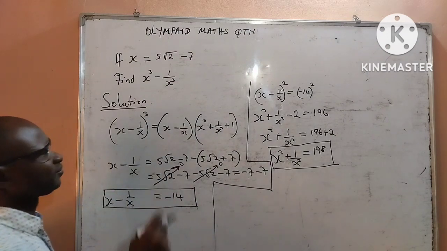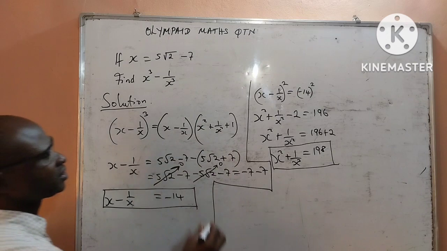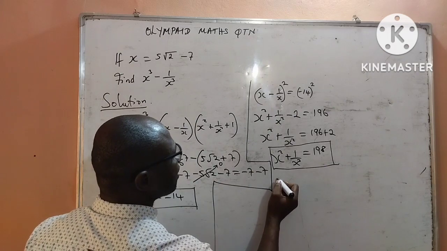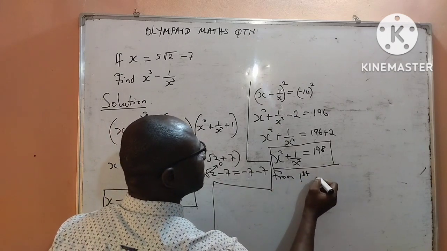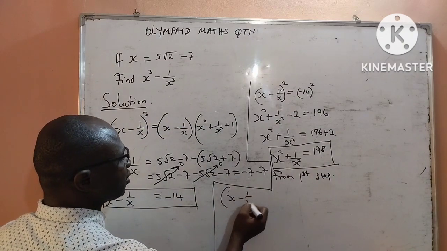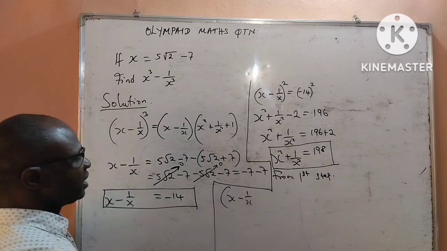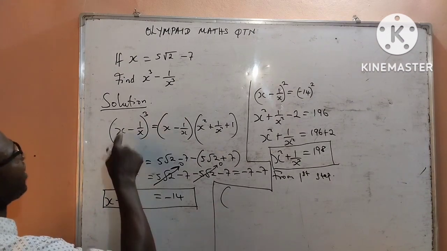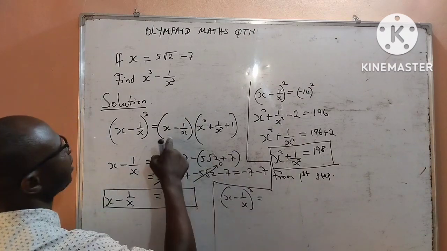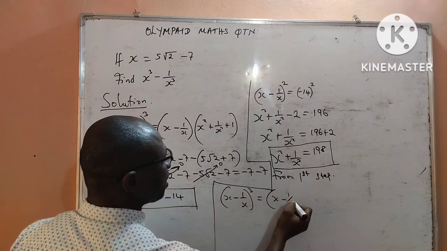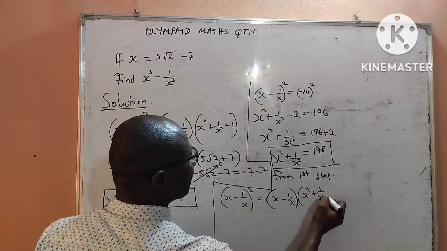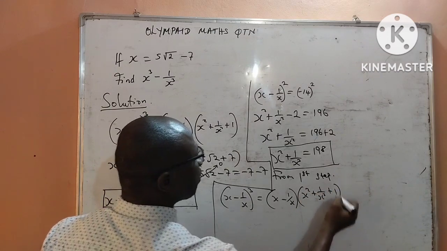From the first step, let me write it down again, we got that x minus 1 all over x cubed is equal to x minus 1 all over x, into x squared plus 1 all over x squared, then plus 1. That was what we got.